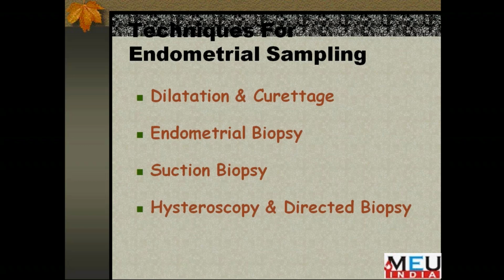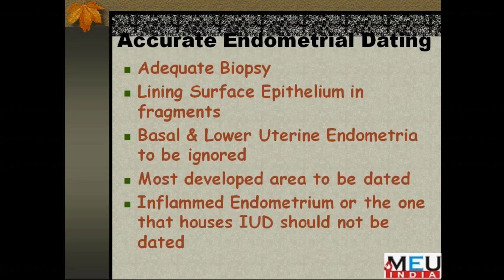Adequate endometrial dating requires an adequate biopsy. There should be a sufficient number of glands available, and it should not be a totally hemorrhagic smear or hemorrhagic tissue. The lining surface epithelium in the fragments should be visible, and the basal and lower uterine endometrium, the lower parts, should be ignored, and we always date the most developed area.